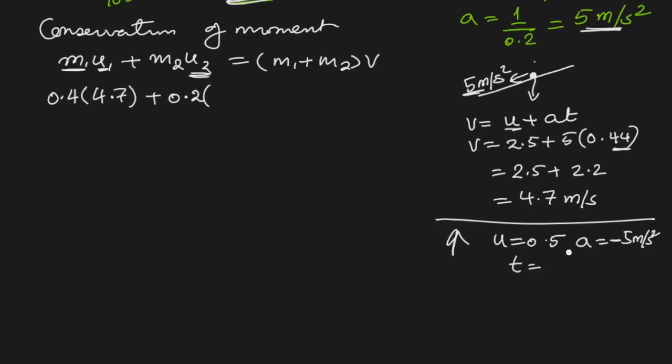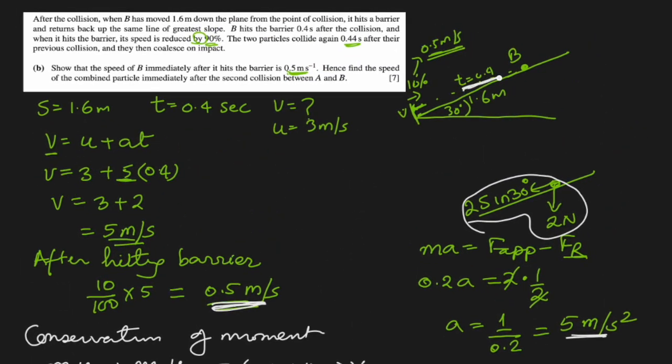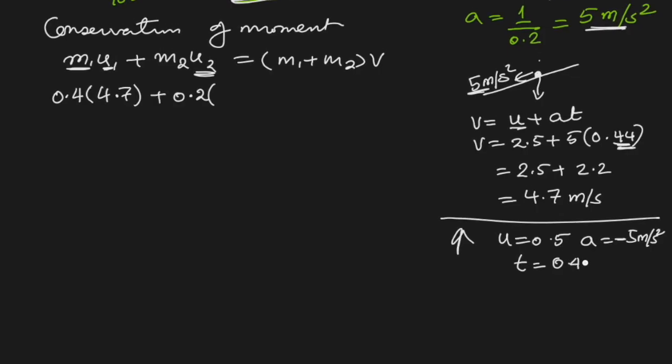Time is not 0.44 anymore because it took 0.4 seconds to come down, and then it is going up. That means this 0.4 will be removed from the 0.44 seconds they are saying after collision. So time will be 0.44 minus 0.4 seconds.